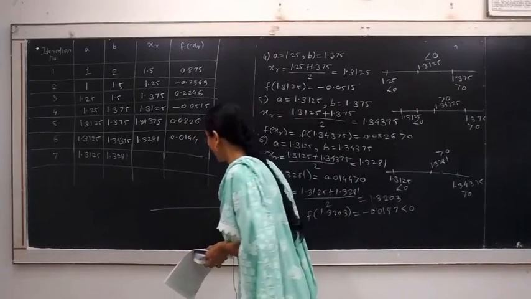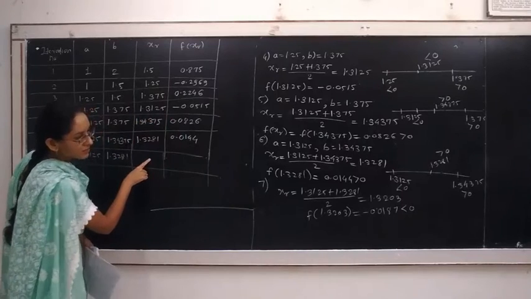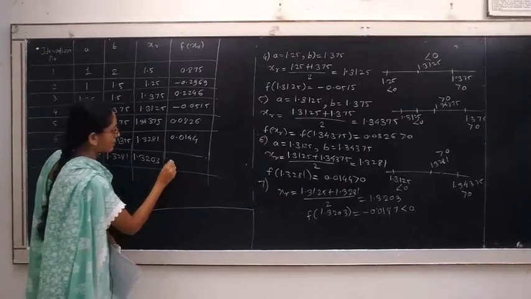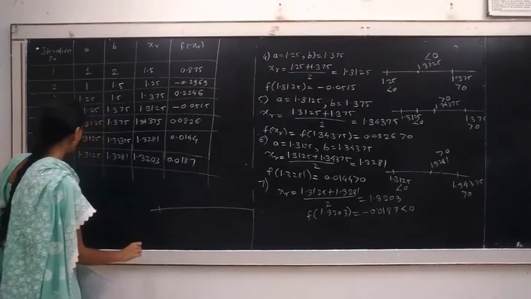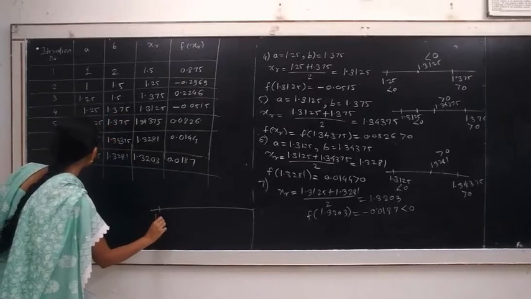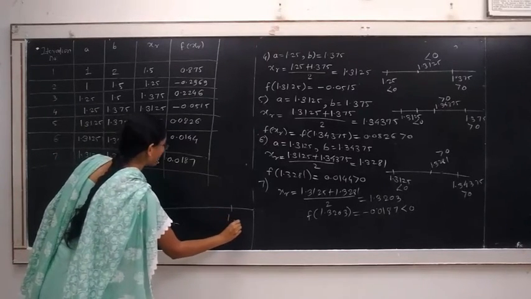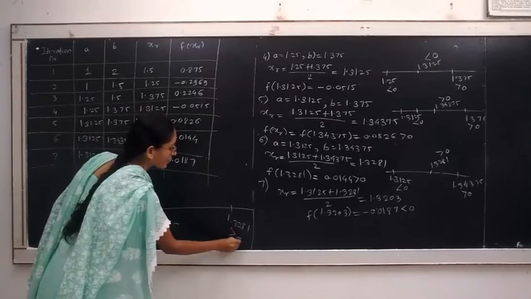So, in the seventh iteration, the value of XR is 1.3203 and f of XR is minus 0.0187. In this case, the value of A is 1.3125 and the value of B is 1.3281. For this value 1.3281, f takes positive sign.